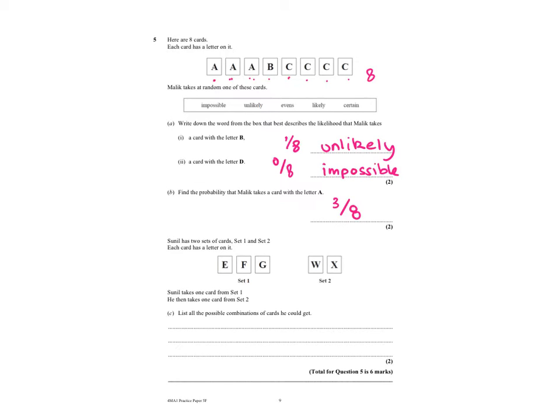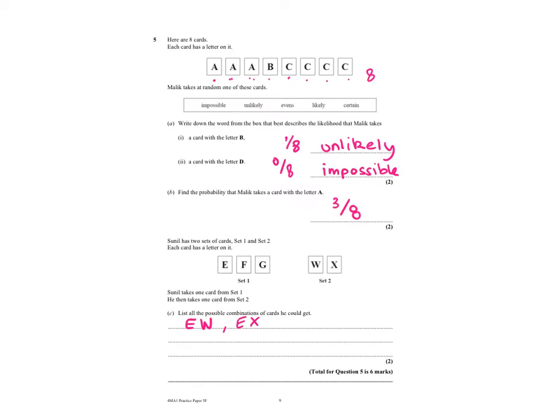Sunil has 2 sets of cards, set 1 and set 2. Each card has a letter on it. Sunil takes 1 card from set 1. He then takes 1 card from set 2. List all the possible combinations. Well, let's just start systematically. He takes card E from set 1. He could take W from set 2. Or if he takes card E from set 1, he could take X from set 2.